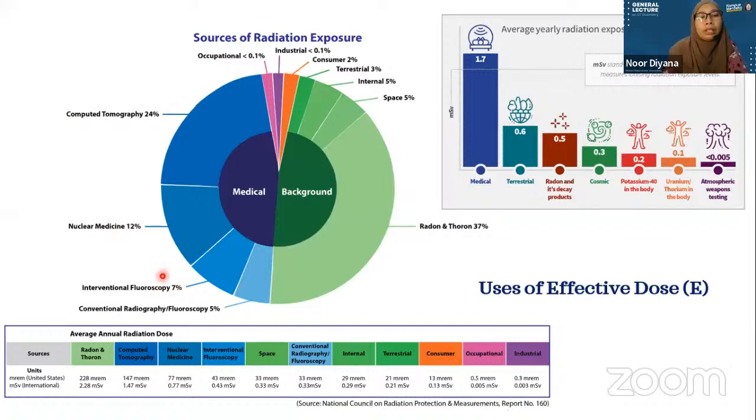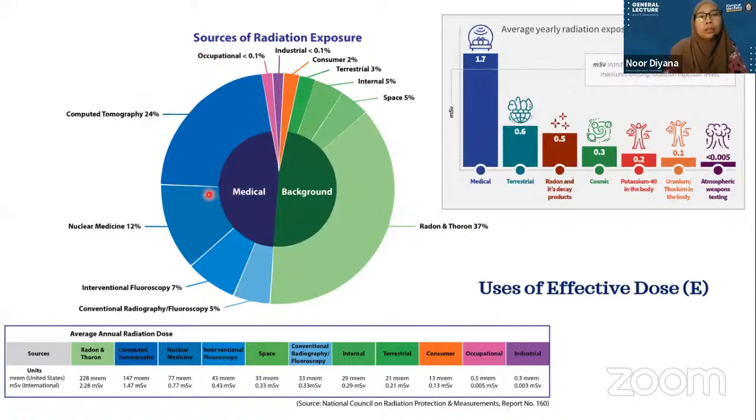Okay, and then interventional fluoroscopy, although it produces a higher dose, the same as CT, the frequency is small. Okay, and then you have nuclear medicine, it's about 12%. Okay, so actually CT produces almost a larger portion of the medical exposure.